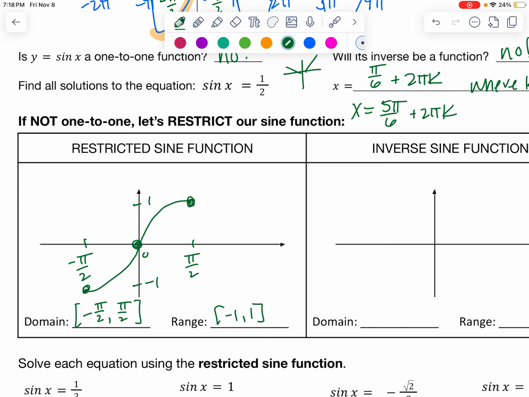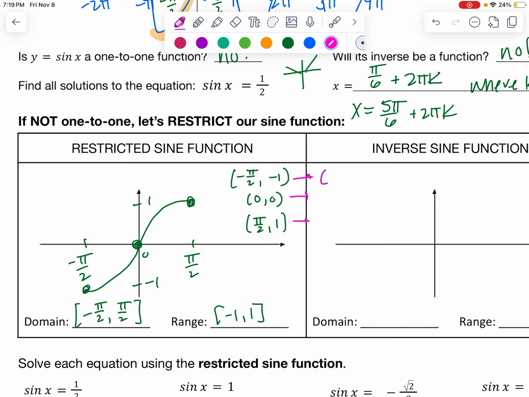Now I'm going to list my points up here. Like I said, we have negative pi over 2, comma negative 1; 0, comma 0; then pi over 2, comma 1. The inverse is we're literally going to take these x and y values and flip them.